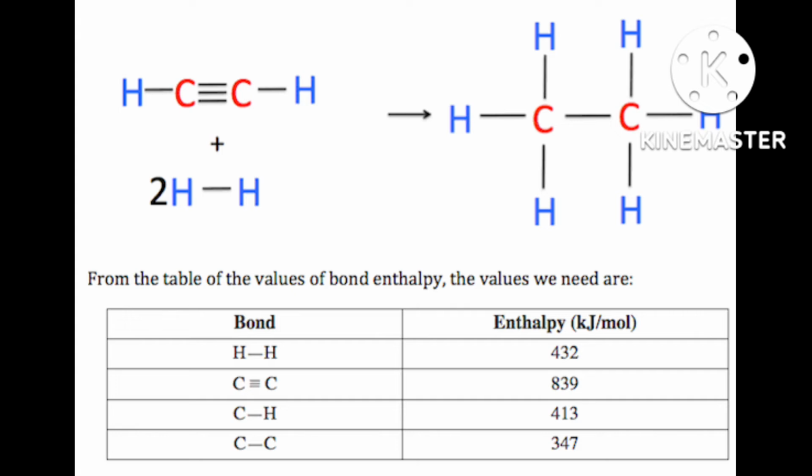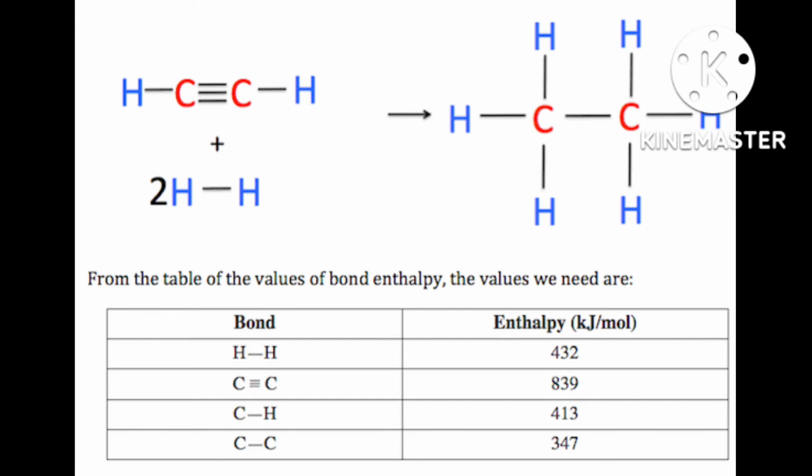In such cases, we use mean bond enthalpy, the average mean bond enthalpy of the C-H bond. Now you have understood that in the beginning we used two terms, bond dissociation enthalpy and mean bond enthalpy. Now you have understood the difference.